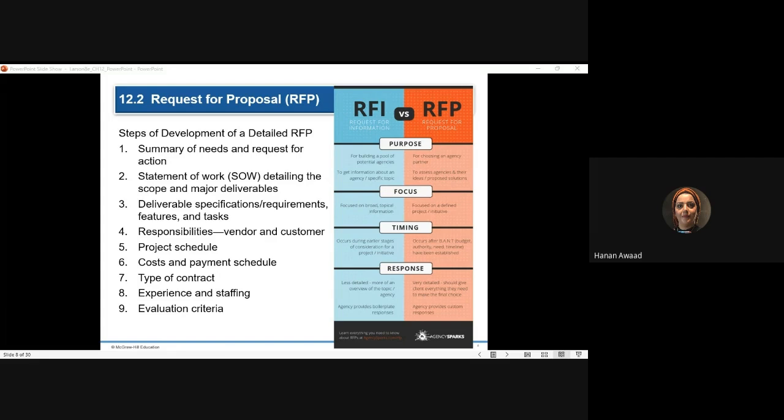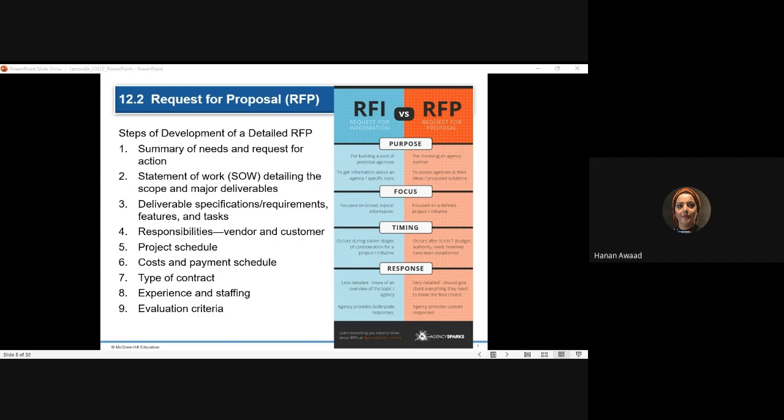So we explain what we need, what's the solution, what's the problem. We include the scope of this outsourcing, the deliverables that I'm expecting, and if there are any specifications, requirements, features.